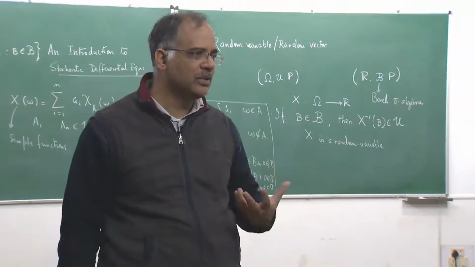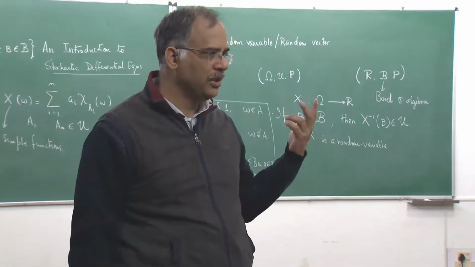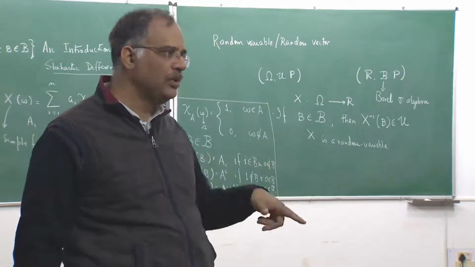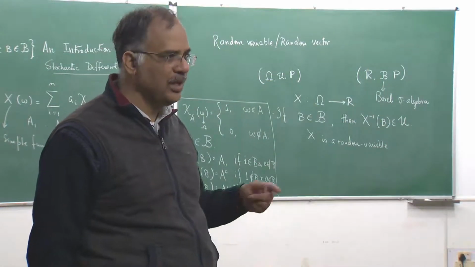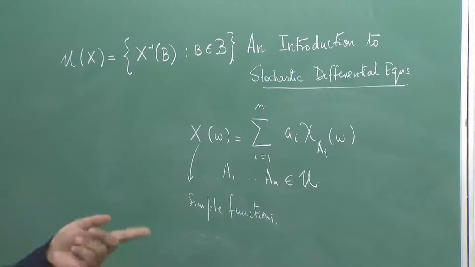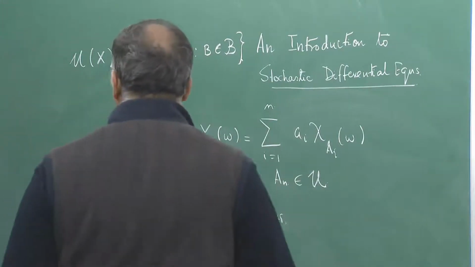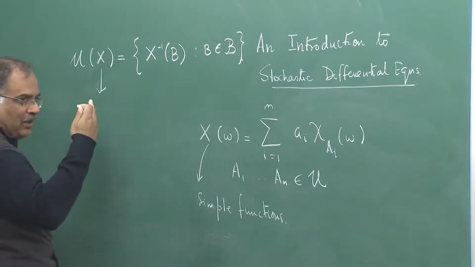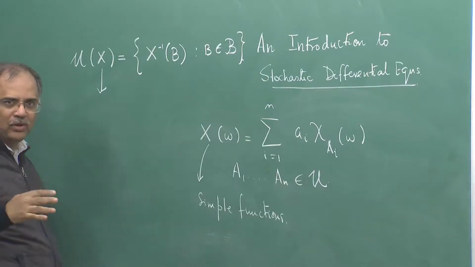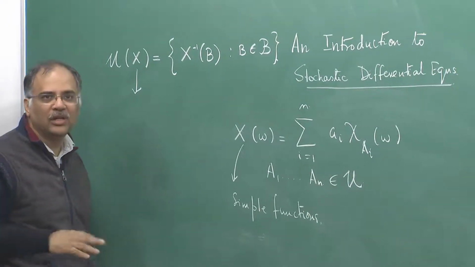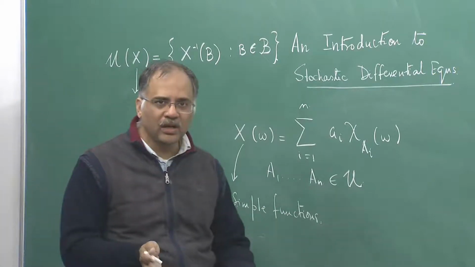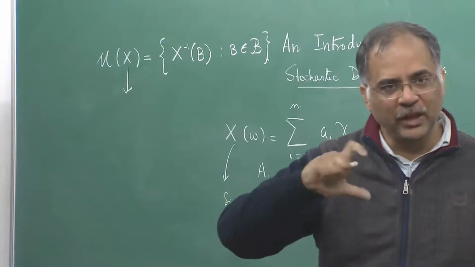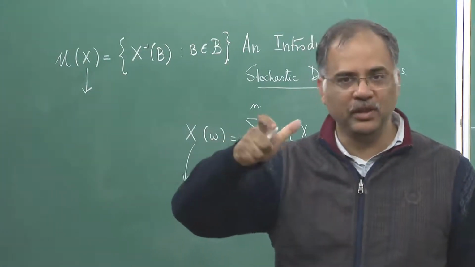So, it is collecting all the inverse images of all elements in B. So, if you take the union of that set, because the collection of all such things would actually form a sigma algebra, which is a sub sigma algebra of U basically. This is called the sigma algebra generated by X. See, X inverse B need not always give me every element in U, it will give me some elements in U. So, those have a special significance, because they are the ones by which your whole game is being done, because they are linked to random variables.